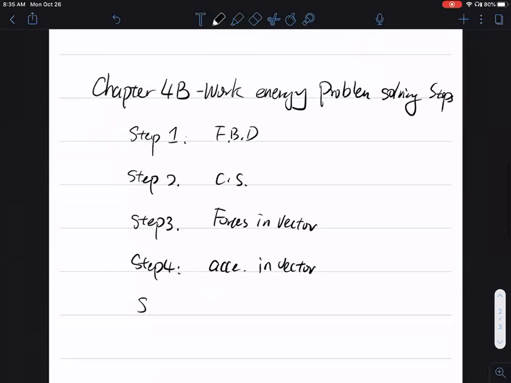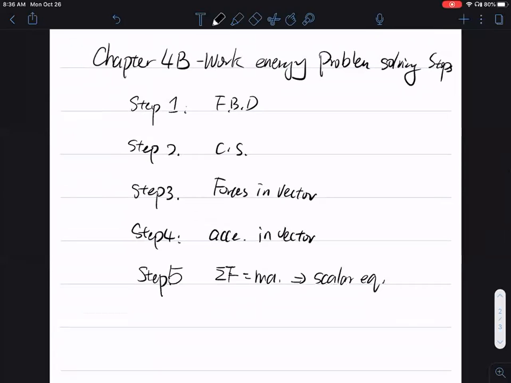Step 5, assemble F equals ma and break it down to scalar equations. All right, so the first 5 steps are exactly the same as chapter 4A.